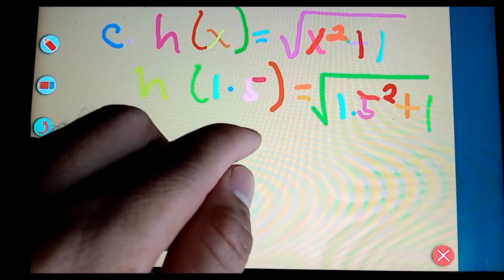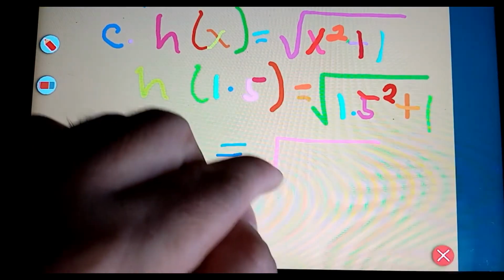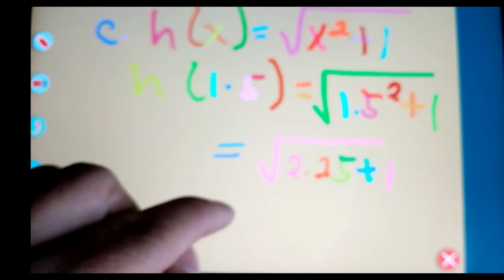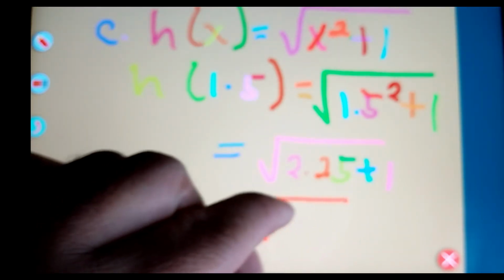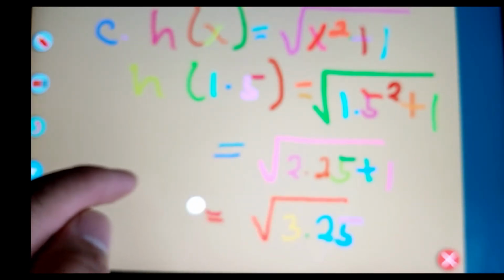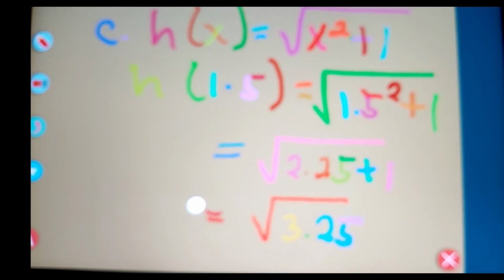Again, 1.5 squared is 2.25, plus 1, or we have the square root of 3.25. That is the value of h of x, approximately 1.80.